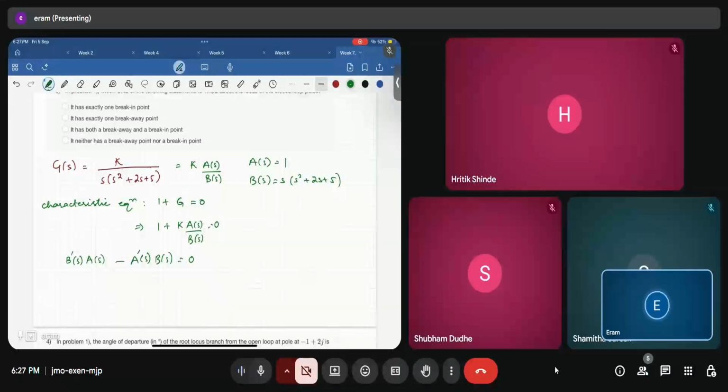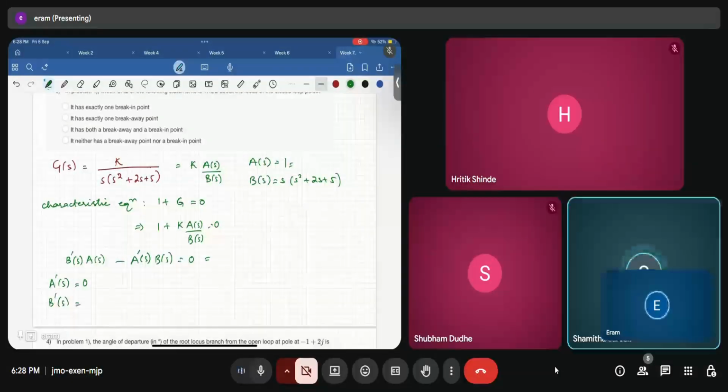So what will this equation give us? A'(s) will be 0 because A is 1, which is constant, so its derivative will be 0. What will be B'(s)?